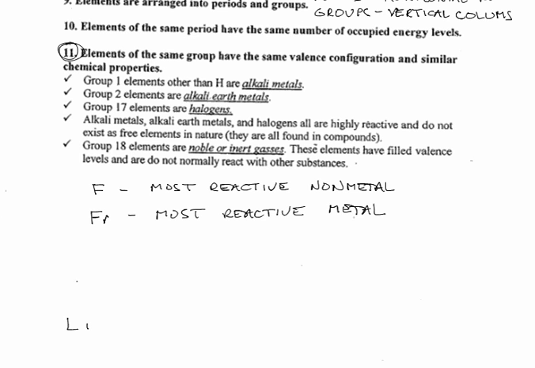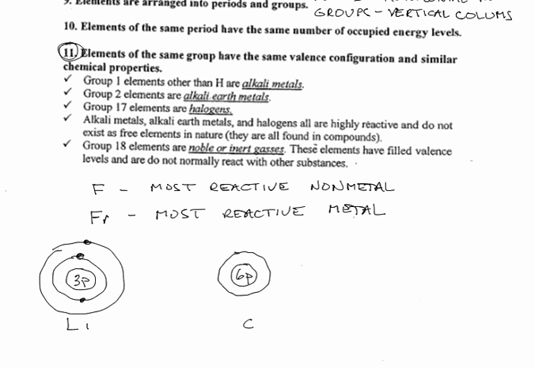Lithium has 3 protons, so 3 electrons: 2 in the first shell, 1 in the second shell, which is the principal energy level. Carbon is also in the second period, with 6 protons, 6 electrons, 2 in the first shell, and 4 in the second.